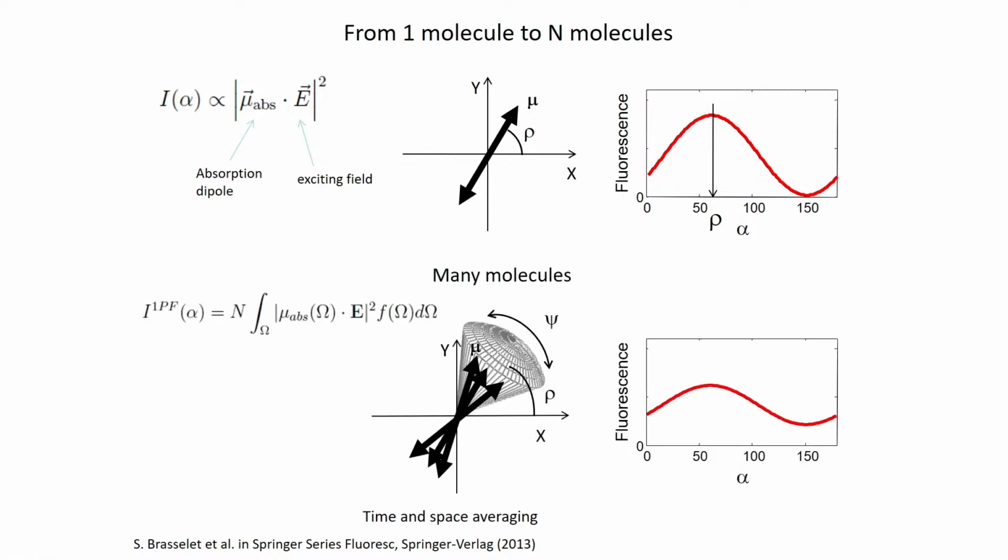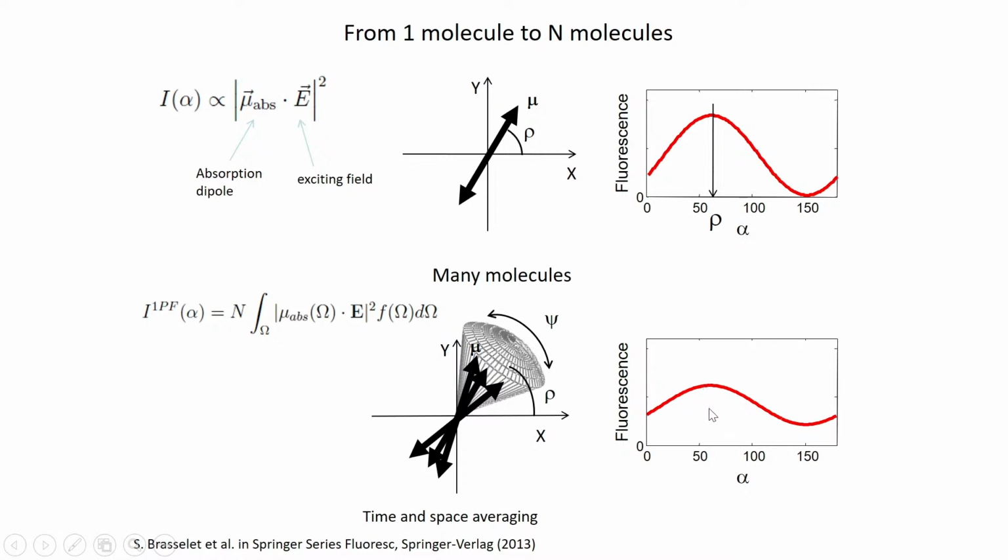However, in general, we look at many molecules, or we look at a wobbling single molecule. In this case, many different of these curves are going to be added up, shifted in angle, and contained typically in a cone distribution, as I represent here, which makes this modulation of fluorescence lose contrast.